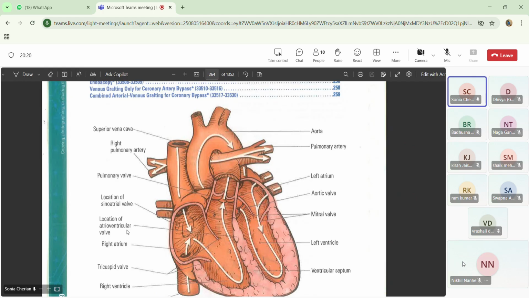Sometimes in the op chart they will use pulse generator, sometimes battery. Both are the same. Then we can see one or more leads. Leads are nothing but electrodes. The electrical impulses are delivered through the electrodes. These are the two parts of your device system, whether it is a pacemaker or defibrillator.